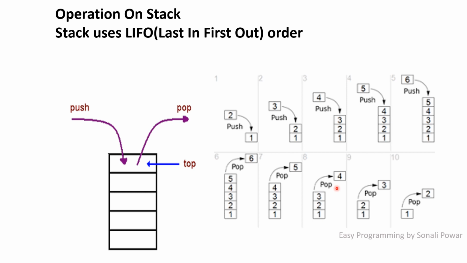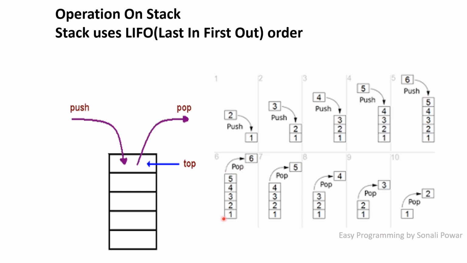So like that I can insert and delete elements from the top only, that is, at one end only. So you can say the stack uses LIFO order. What does it mean? Last in, first out. जो element last में आएगा वो first out होगा. Now here you can see that suppose I just inserted 6, it will be placed above the 5. And if you perform the pop operation, that is the deletion, it will remove 6 first.